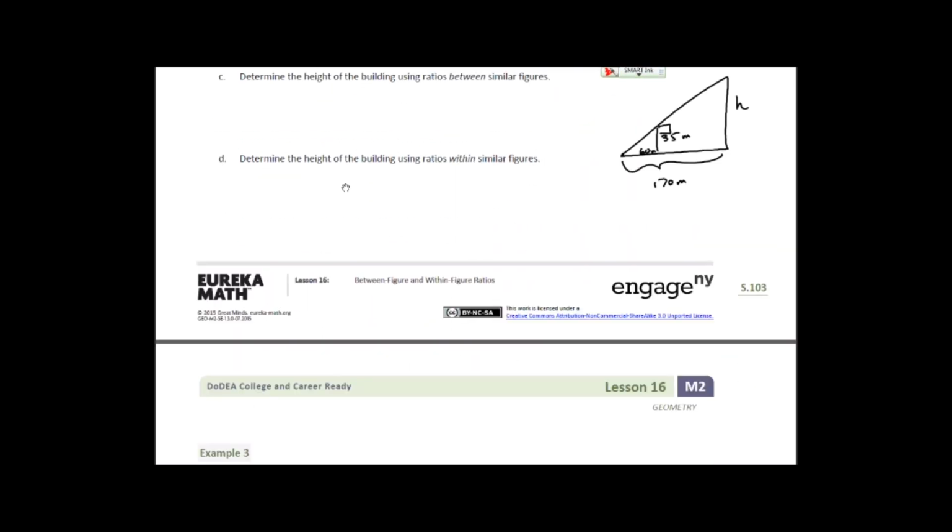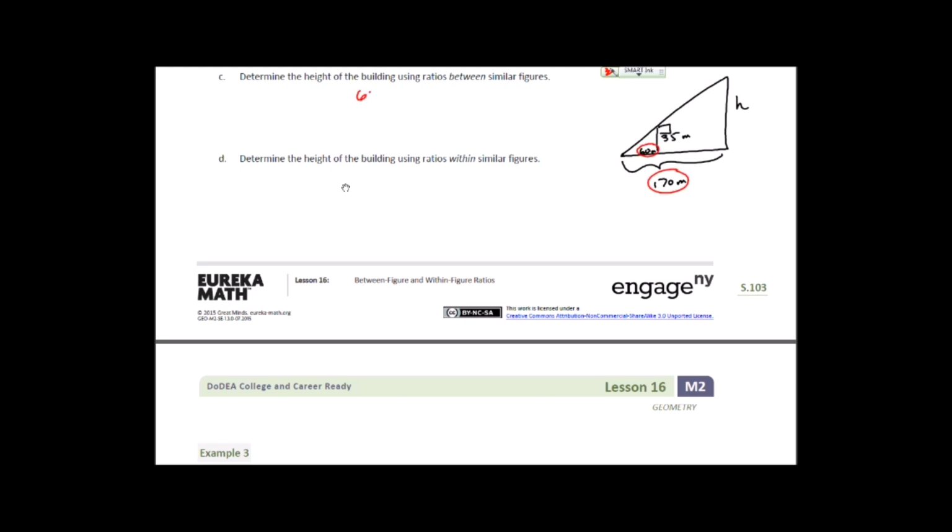Parts C and D ask us to solve the exact same question using the between figure ratios in C and the within figure ratios for D. Now, in C, you're looking at the ratios between the figures.